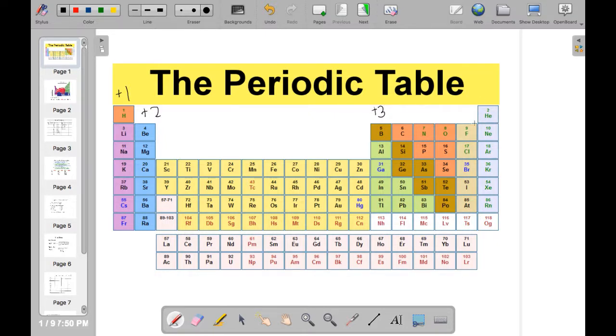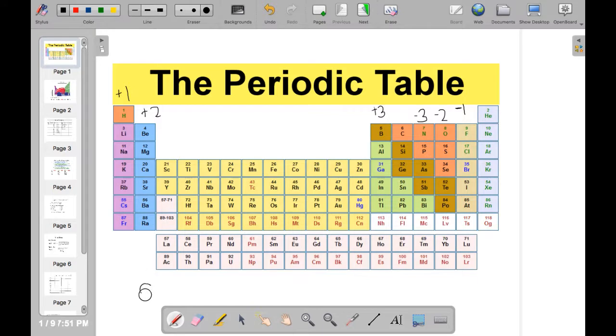Now if we go over to this side of basically nonmetals, they're mostly gases over here, these tend to gain electrons. So the halogens in group 7 right here tend to have a -1 charge, chalcogens -2, and over here -3. So basically, yet again, everything over here will lose electrons and these will gain.